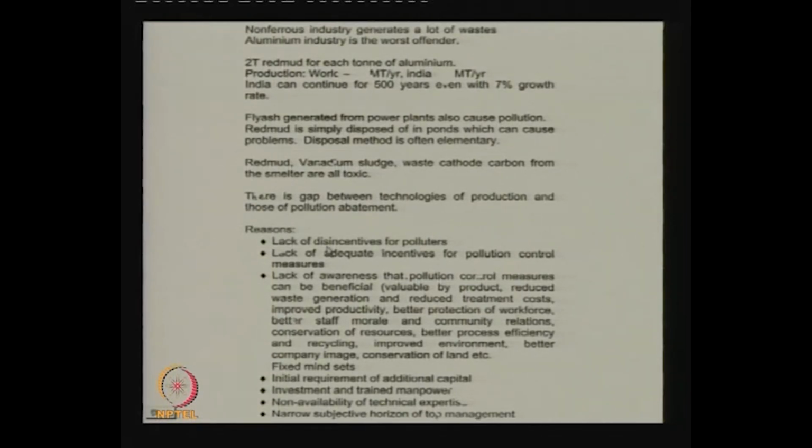Just to give an example, the biggest culprit in non-ferrous sector is the aluminum industry, which sometimes produces 2 tons of red mud for each ton of aluminum. This red mud as of now is really a waste, which is dumped in ponds that occupy large areas.